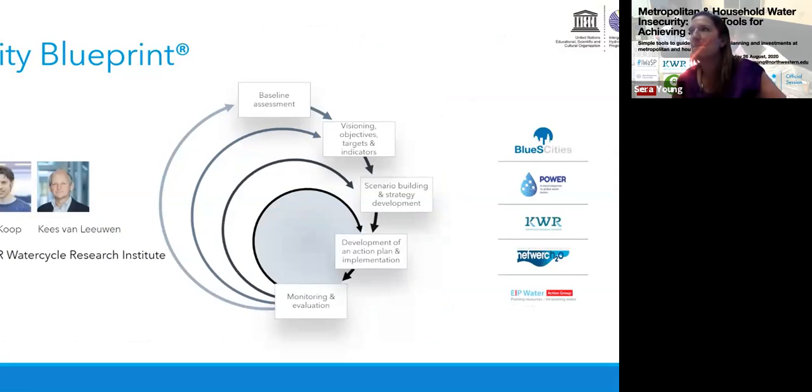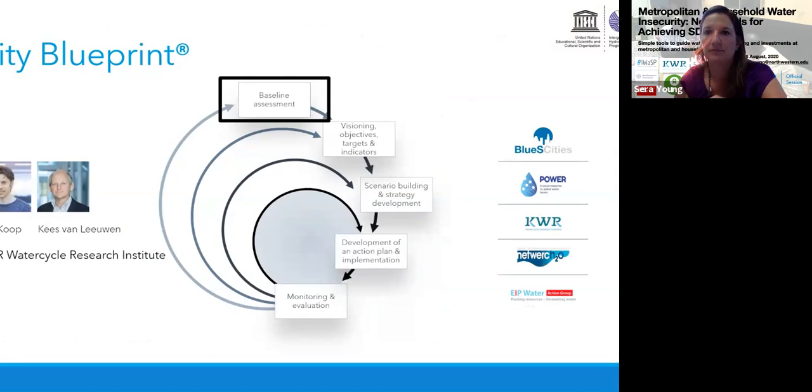The City Blueprint framework can be used to create a baseline as to where the city is and utilize this baseline to monitor the progress of any activities that are being taken up in order to ameliorate the situation.